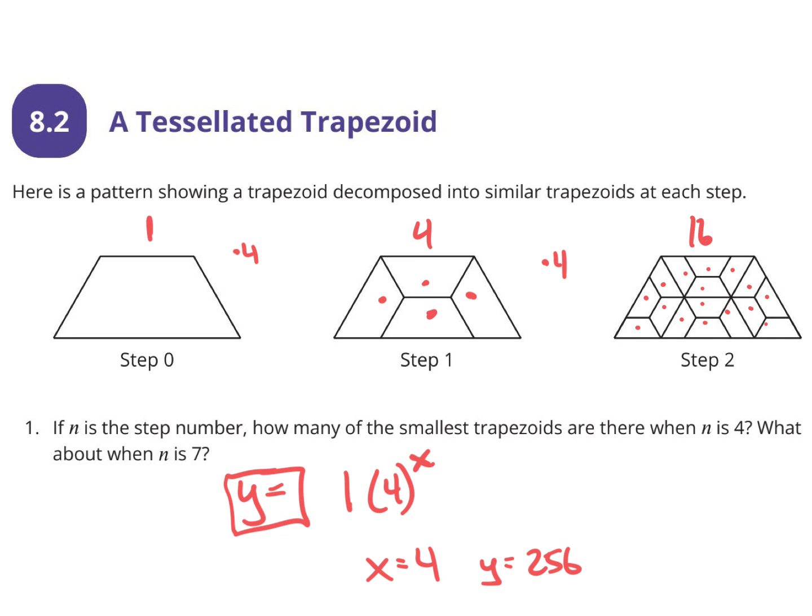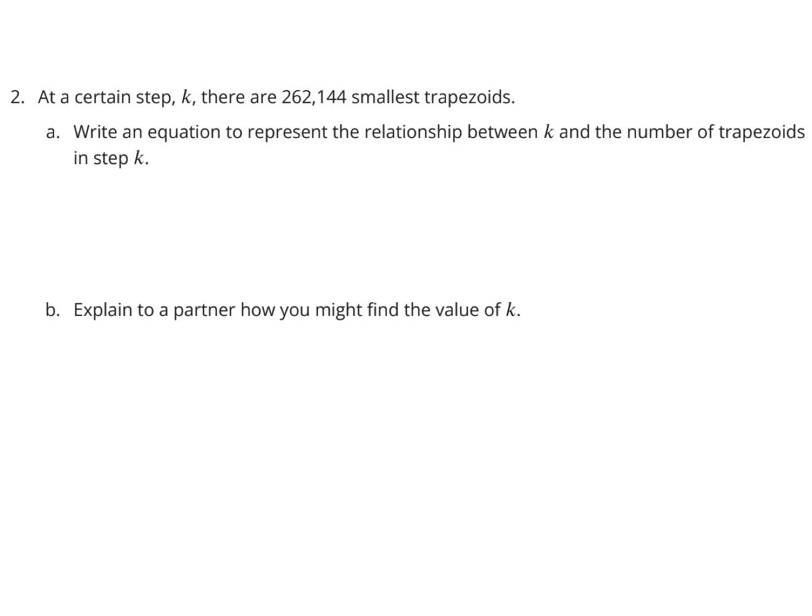When x equals 7, look at this growth. y equals 16,384 trapezoids.